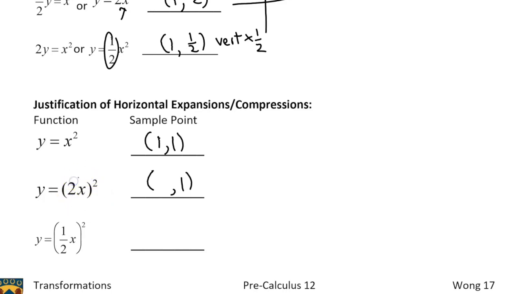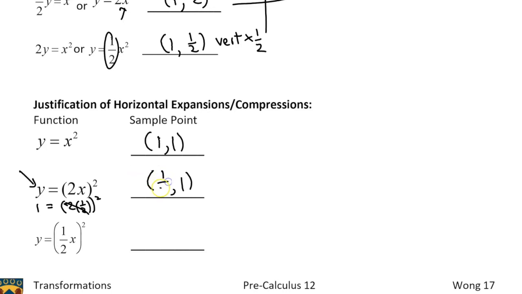Okay, let me say that one more time. So if we want this y value right here to say 1, we're going to need to replace this x value by 1 half. And then that's going to give me my solution of 1.